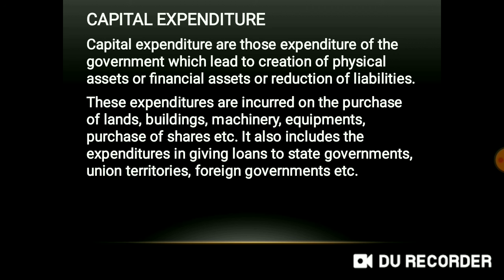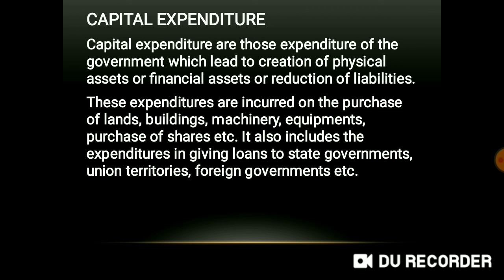So these expenditures are in the form of expenses made by the government when it is purchasing lands, buildings, machinery, equipments, or while it is purchasing shares. So it also includes the expenditure whenever it gives loans to the state government, union territories, foreign government, etc. So these are all the capital expenditure.